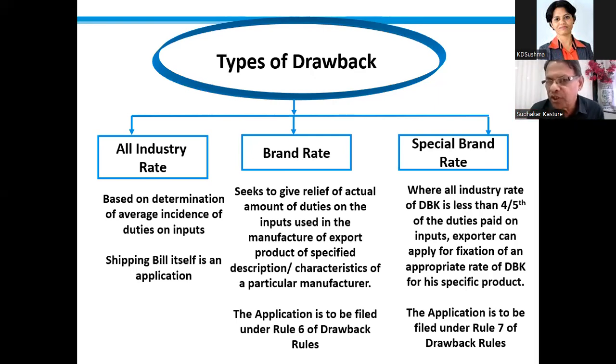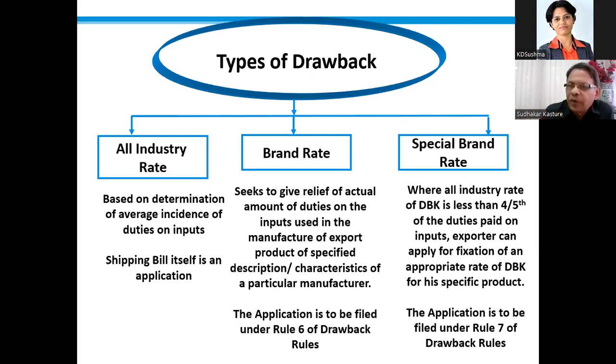Then you have an option to claim brand rate. What is the brand rate? Rate will be fixed only for you. Now understand this. Suppose you are exporting a product at 100 rupees. No rate is fixed for your product. Your import is 20 rupees. And basic custom duty on your imported product is 7.5%.